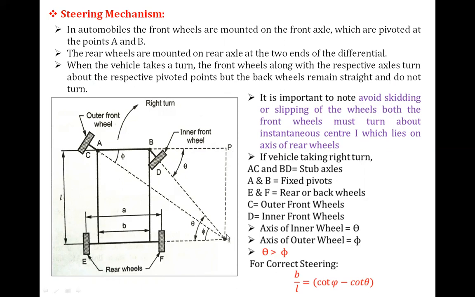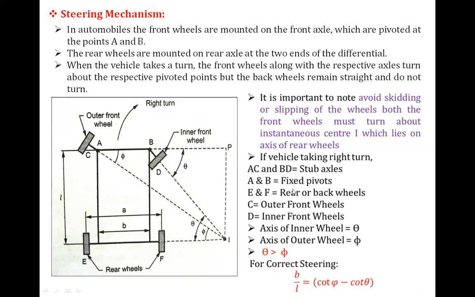Here there is an instantaneous center, capital I, which lies on the axis of the rear wheel. If the vehicle is taking a right turn, AC and BD are the stub axles.